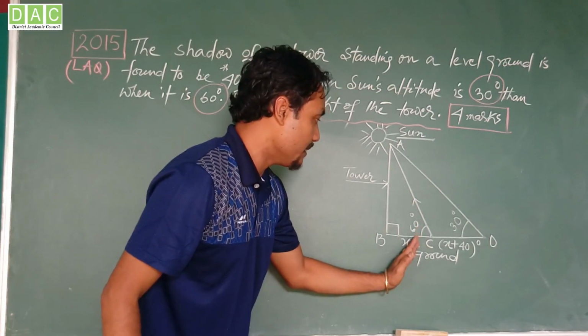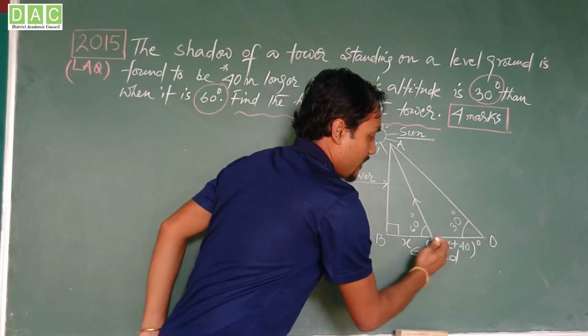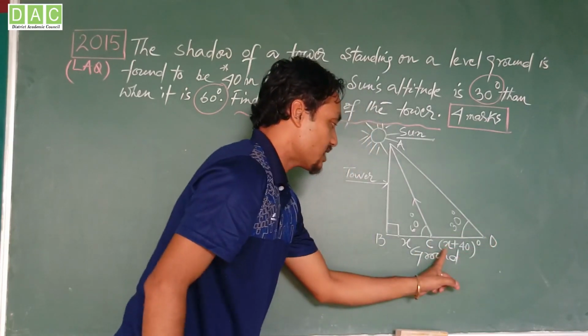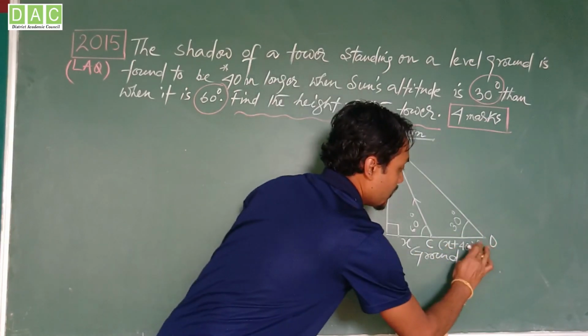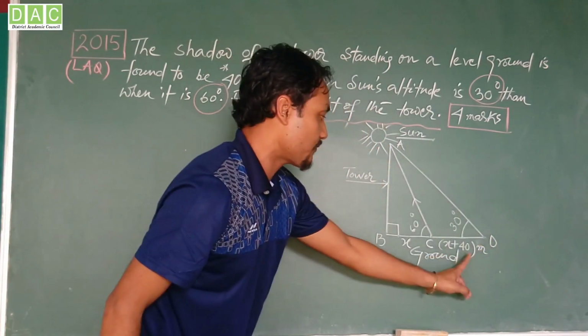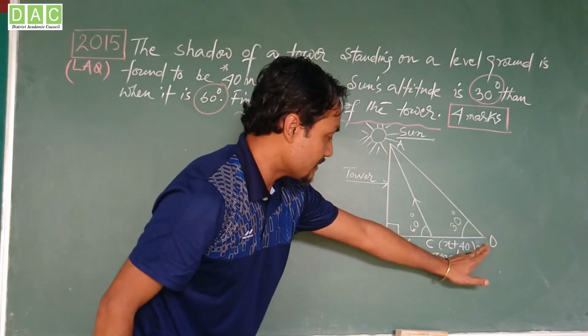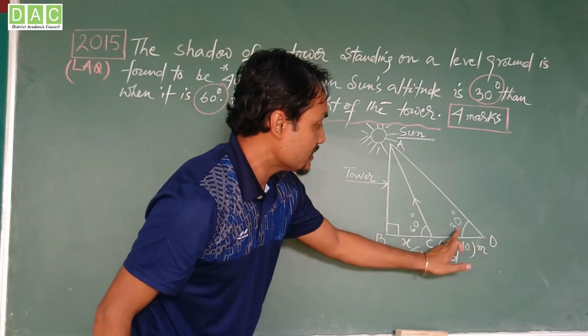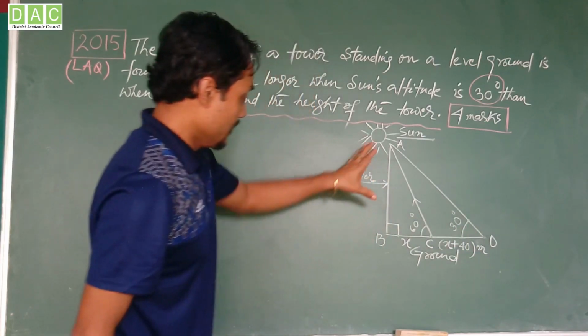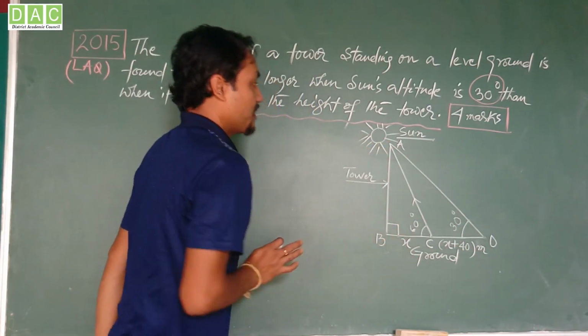Again from this point you have gone to the point D. That means how much distance do you move? x plus 40 meters. We have moved x plus 40 meters from point C to D, and in that case the angle of elevation is 30 degrees. After that you mark it: this is the tower, this is the ground. This is the complete figure.